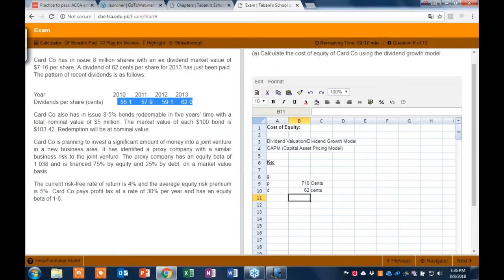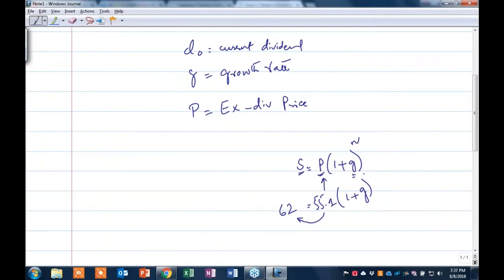Now, how many years did it take for the dividend to grow from 55.1 cents to 62 cents? We'll exclude 2010 because this dividend was at the end of 2010. From 2010 to 2011 was 1 year, then 2, and then 3 years. So we can say it took 3 years for the dividend to grow from 55.1 to 62 cents.